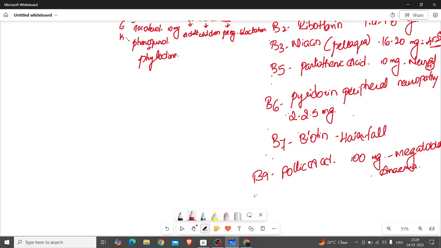Then final one, B12. It is also called cyanocobalamin. Deficiency of B12 causes pernicious anemia.